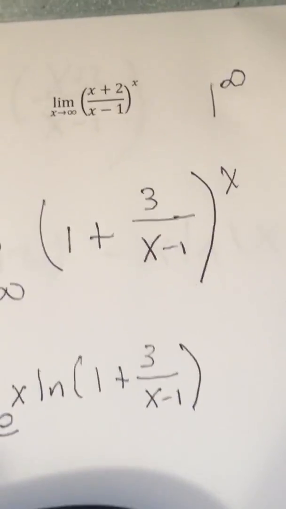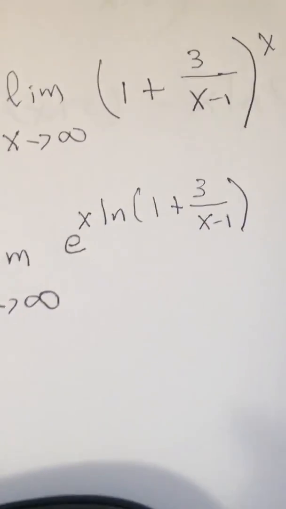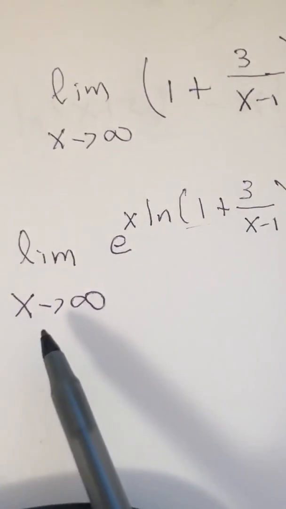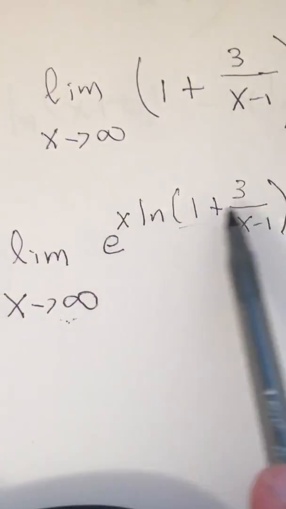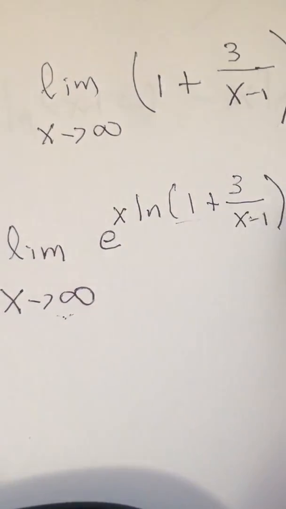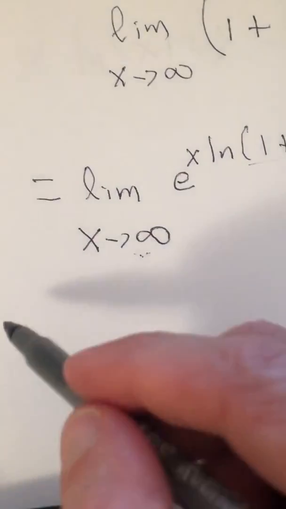So originally what we had was indeterminate form 1 to infinity. Now I've used properties of the exponential function. So look at our exponent right here. As x goes to infinity, what I actually have is an infinity times 0 situation in the exponent. So things are improving a little bit.